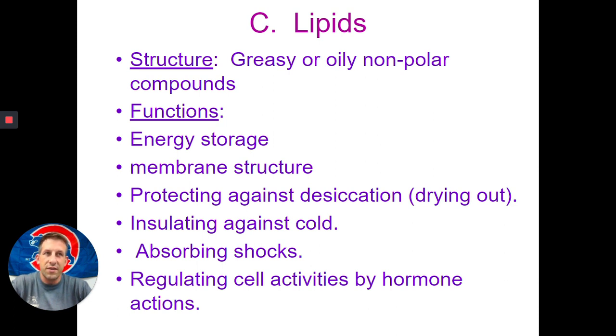That fat is there to help absorb shock to the heart. It's something you see with a lot of different organs. A lot of the organs have layers of, not big thick layers of fat, but layers of lipids around them to help absorb any shock that might come about.